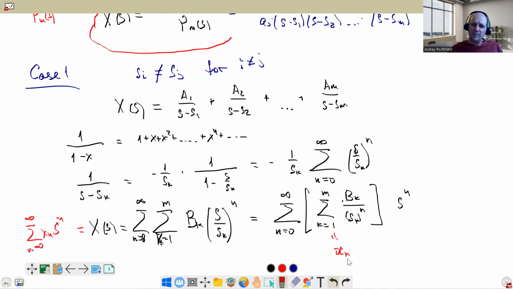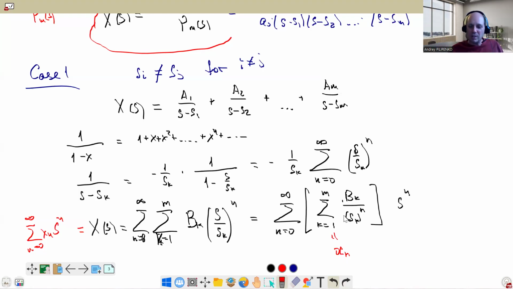A few remarks. The first one is this. Having sk to the power n in the denominator is not beautiful. It would be better to have this number in the numerator, or at least some number without fractions.